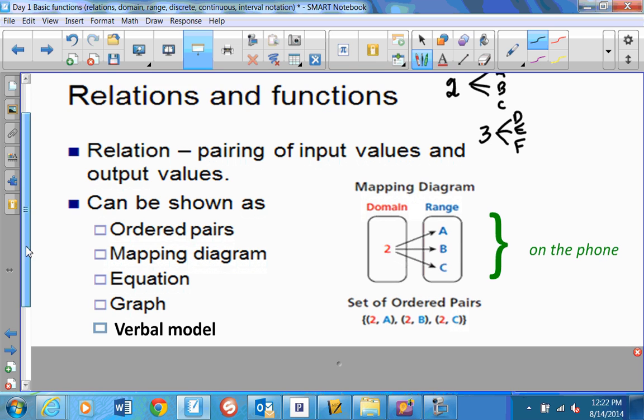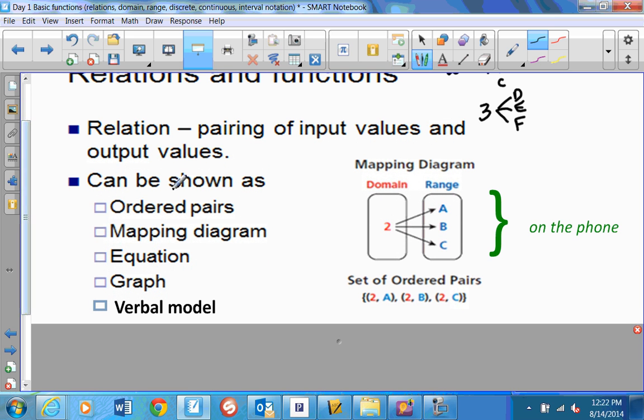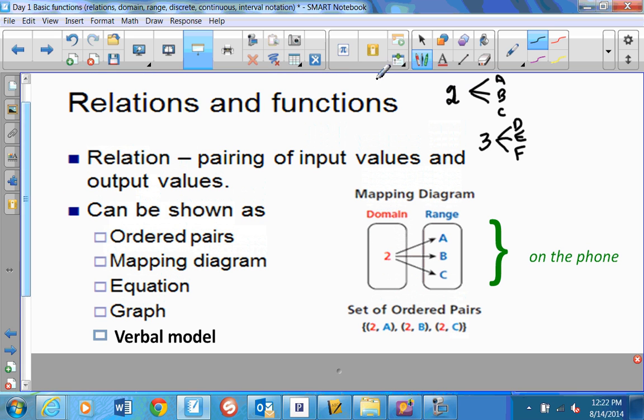In a relation, you can show it in several ways. You can show it as ordered pairs. I could write this relation as 2, comma A; 2, comma B; 2, comma C, and so on. Or I could do a mapping diagram. This one is kind of new.